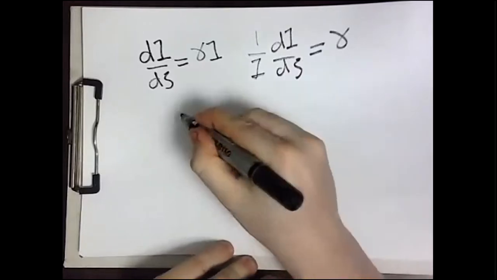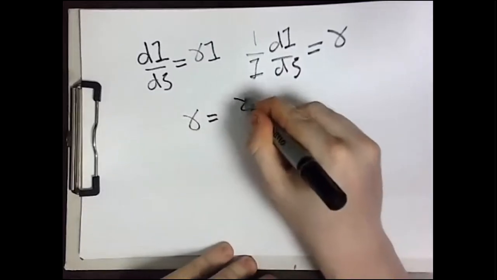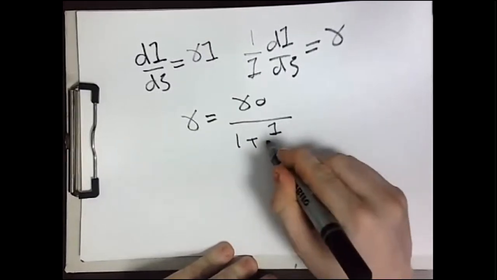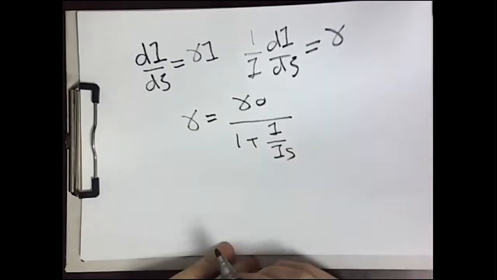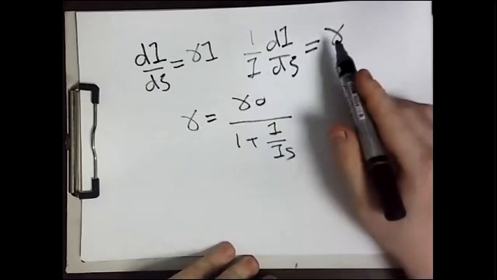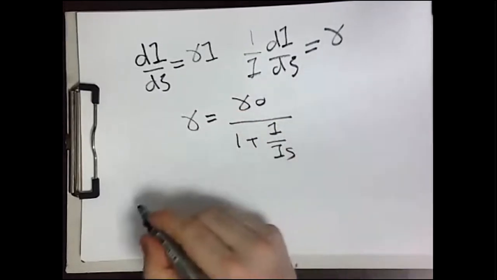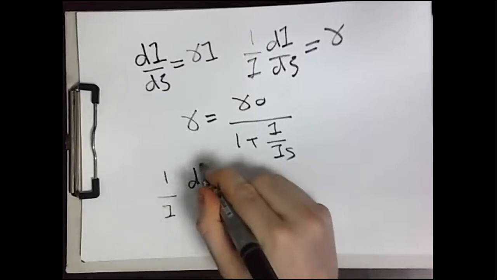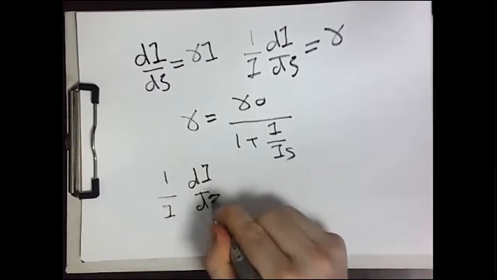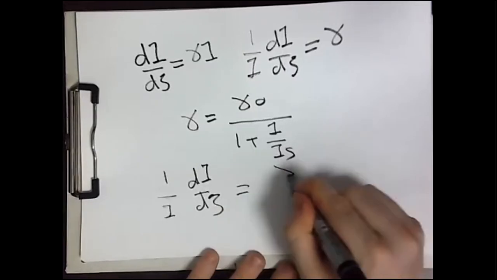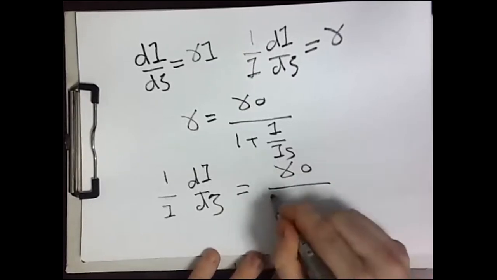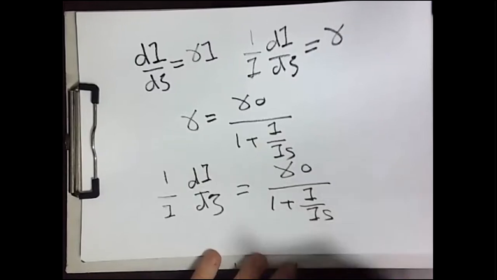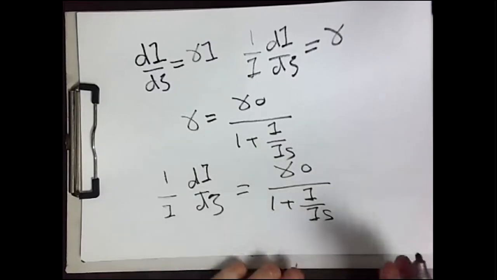We have concluded that gamma equals gamma0 over 1 plus I over Is. So you can easily remove gamma from this equation and substitute with its equivalent. So 1 over I dI by dz equals gamma0 over 1 plus I over Is. It's a differential equation.